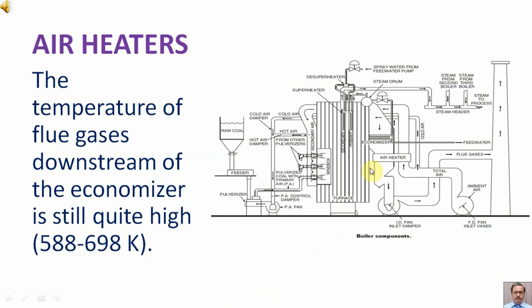The temperature of flue gases downstream of the economizer is still quite high. It is between 588 to 698 degree Kelvin.